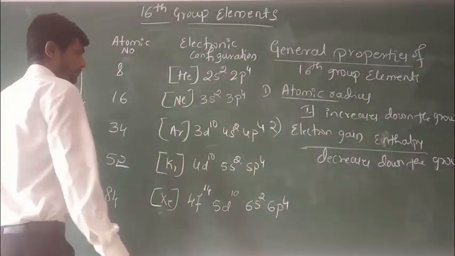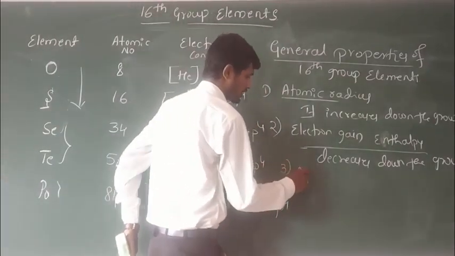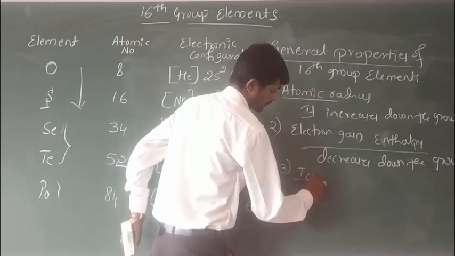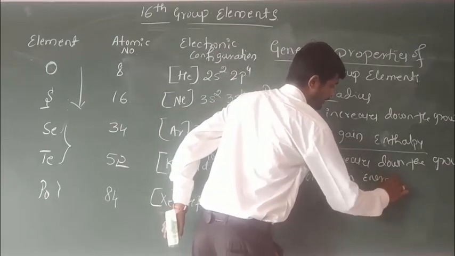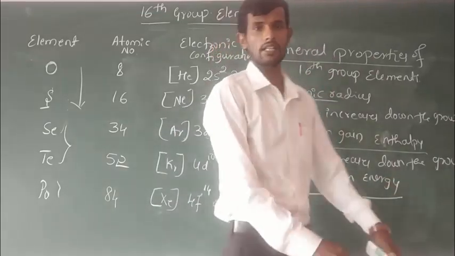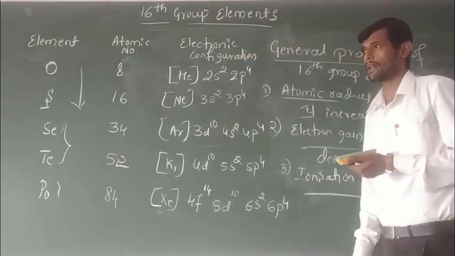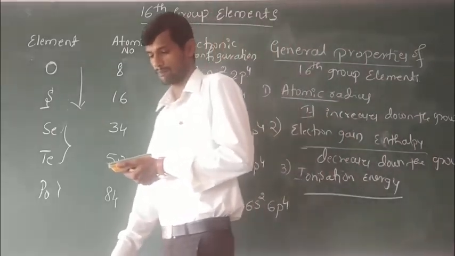Next, another point, the third one: ionization energy. What happens to the ionization energy in 16 group elements if we move down the group?